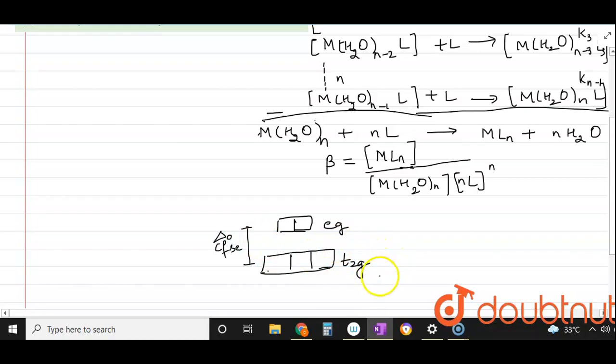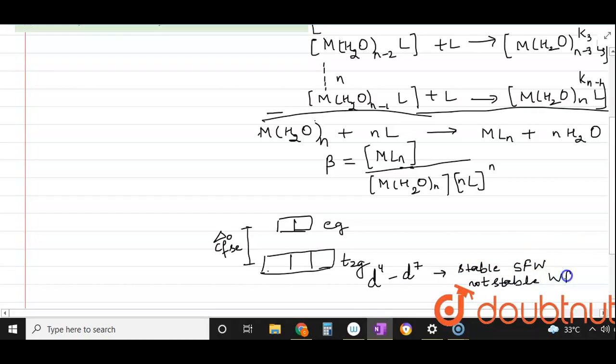So now we can see the configuration d4 to d7 is stable in case of strong field ligands, and not stable for weak field ligands.